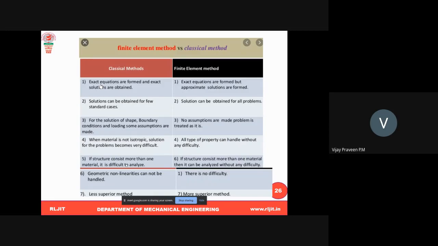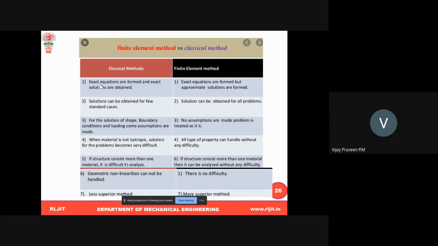Hello? Yes, sir. Geometrical analysis, but not in a proper step. Anyone, please, can you repeat? Not in a proper step.